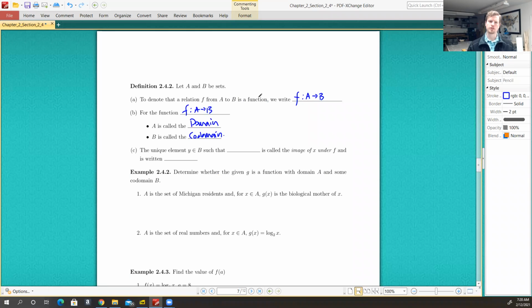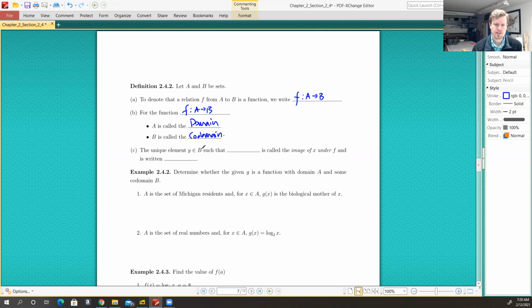And that's why B is called the codomain, because it's the set within which our images or our function values lie. But it is not necessarily all of our function values or images.